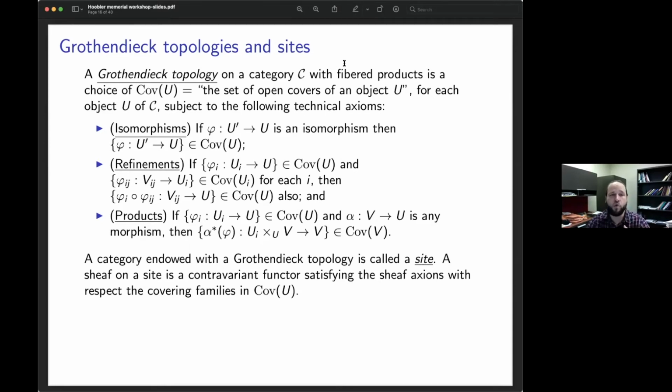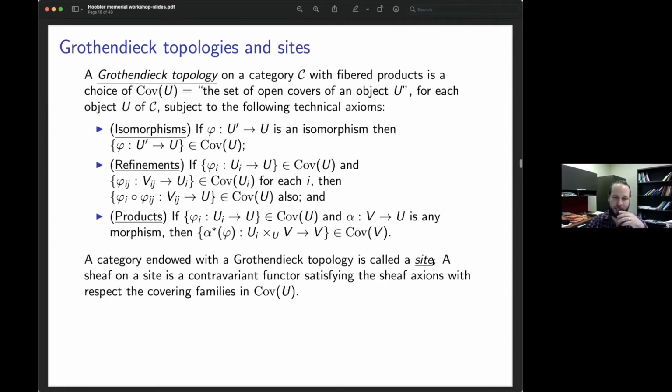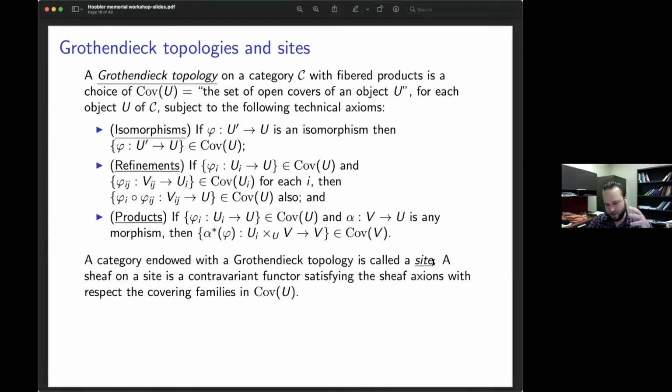A category together with this extra structure of a Grothendieck topology is called a site. A site is like a make-believe space that maybe doesn't exist properly as a space, but I know what the open subsets of that make-believe space are, and they behave in the right way with respect to coverings.